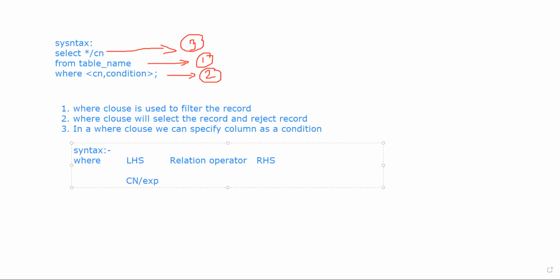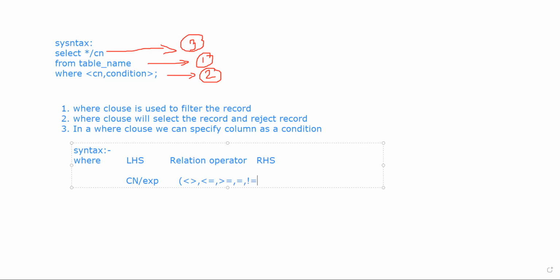And relational operator means less than, greater than, less than equals to, greater than equals to, equals to, not equals to.